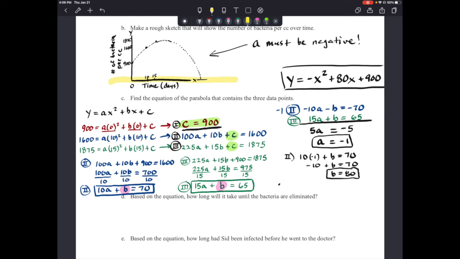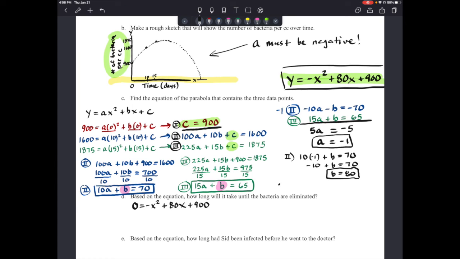Let's take our new equation, and remember, our number of bacteria is our y. So we want y equal to 0. We're going to say 0 equals negative x squared plus 80x plus 900.